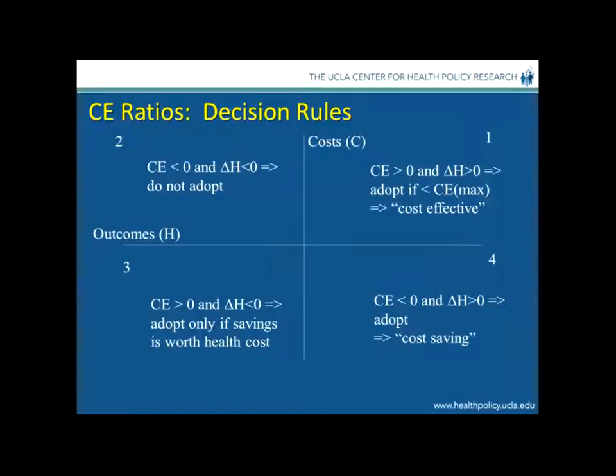So moving counterclockwise, going over to quadrant 2, this is a case where you've got essentially a negative ratio, because the denominator in the ratio, health outcomes, is getting worse. To put it bluntly, this would be the loser category. We're spending more and getting worse health outcomes.